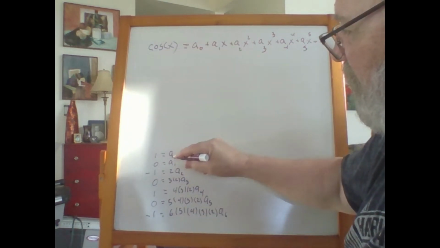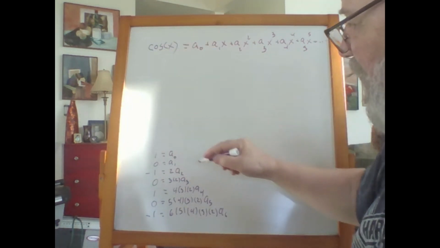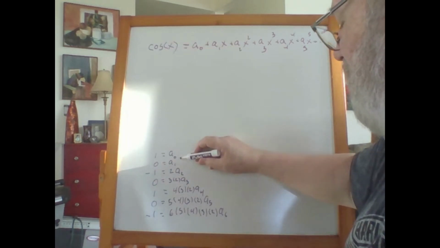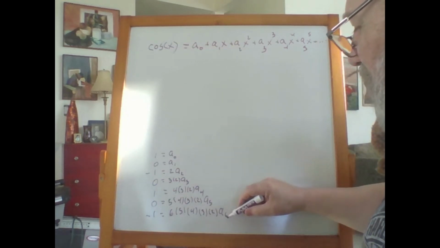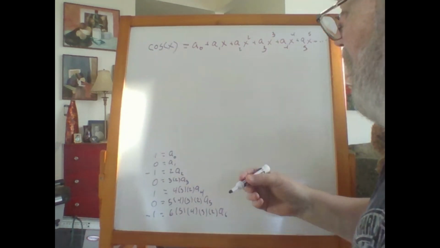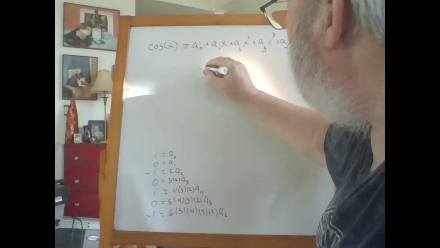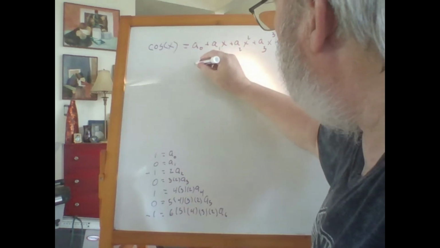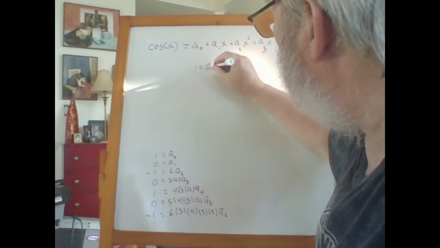But when I did those derivatives and isolated the individual coefficients by setting x to 0, I get A1 equals 1.